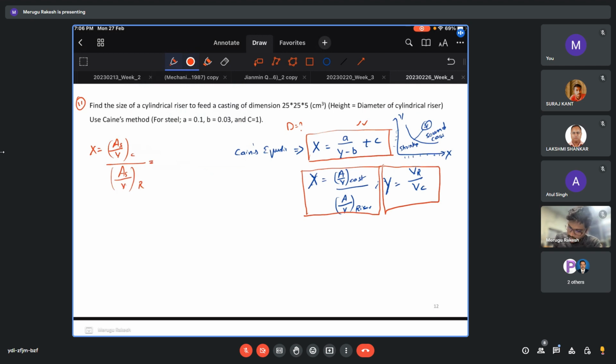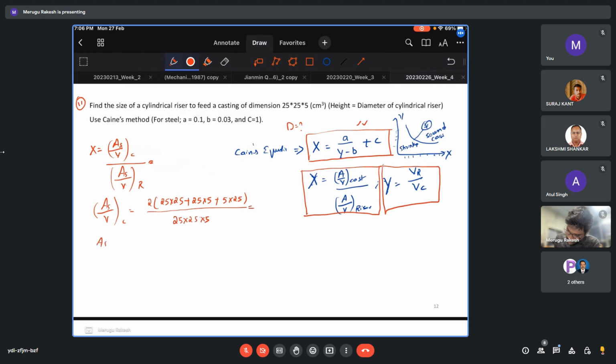Let me calculate the first one, that is the surface area by volume of the casting. So 2 times (25 into 25 plus 25 into 5 plus 5 into 25), that is the surface area, divided by the volume, which is 25 into 25 into 5.